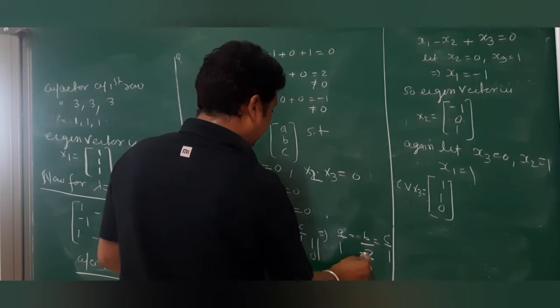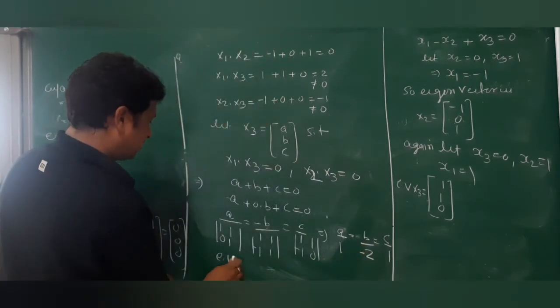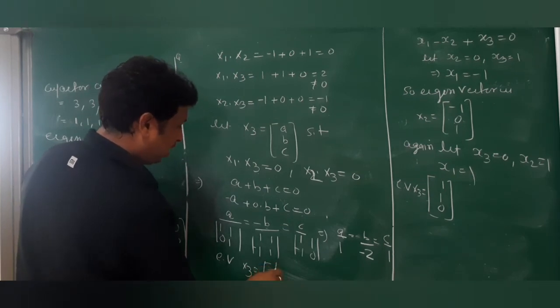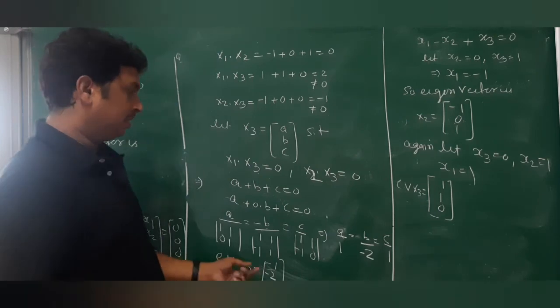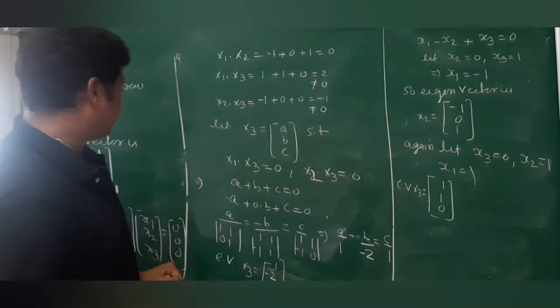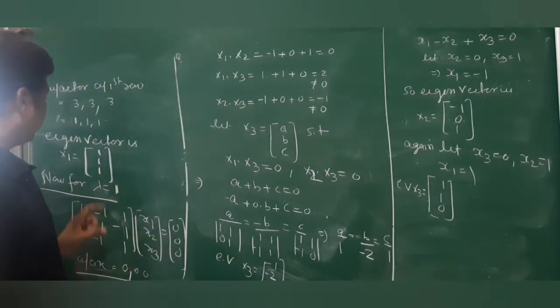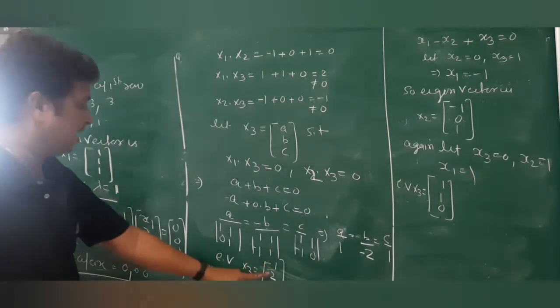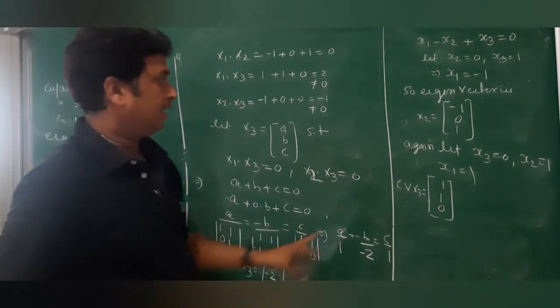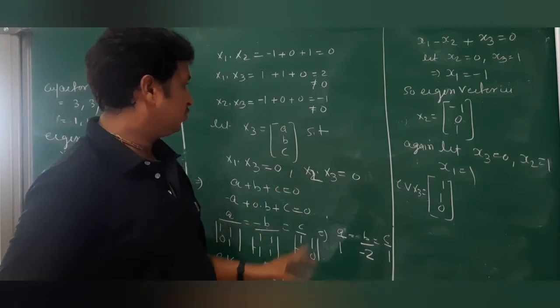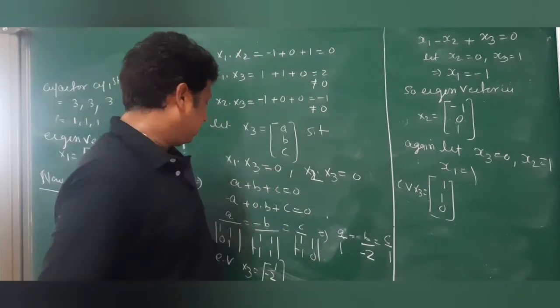So this minus will come here. What is the eigenvector? A, B, C values are 1, minus 2, 1. This vector is the new vector which is orthogonal to x1 as well as x2. You can check. What is x1 dot x3? 1 into 1, 1, minus 2 plus 1, 0. x2 dot x3, 1 into minus 1, minus 1, 0 plus 1, 0. So now this is orthogonal.